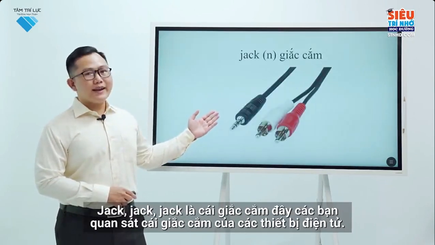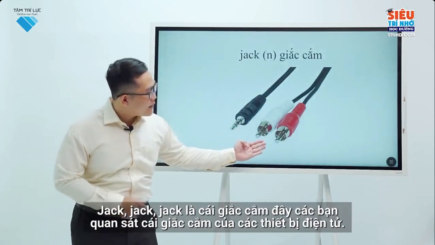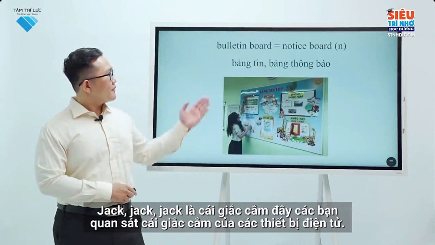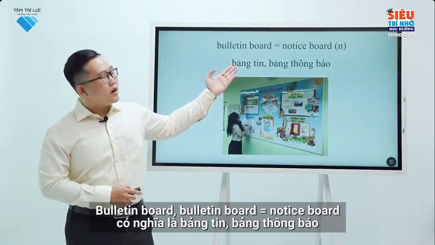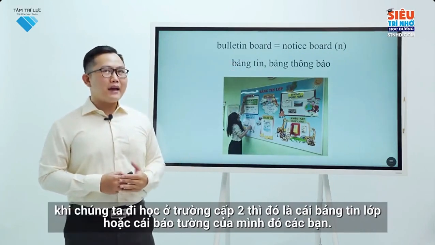Jack. This is the connection between electronic devices. Please look at the jack of an electronic device. Bulletin board, notice board. The announcement board or the wall newspapers in the secondary school is a bulletin board.